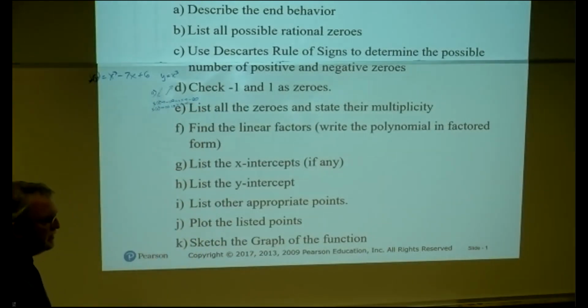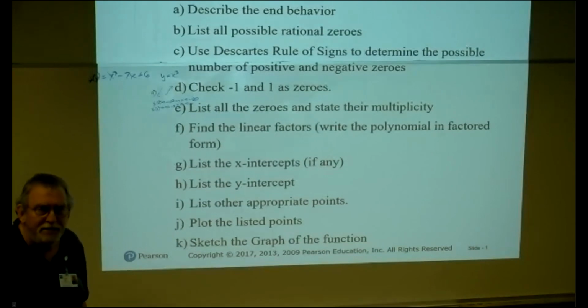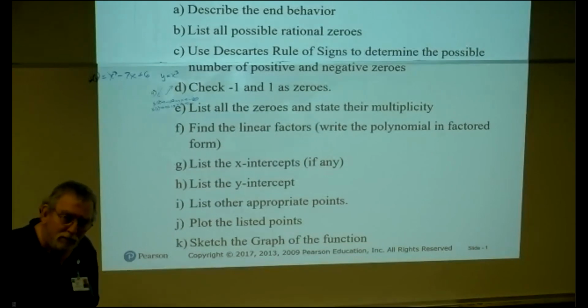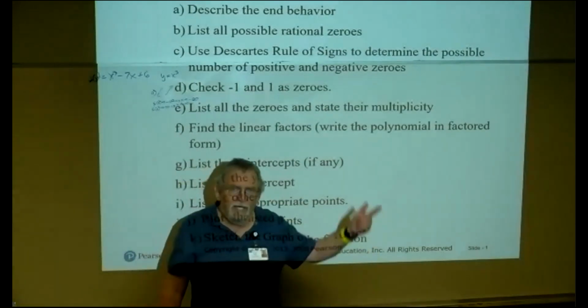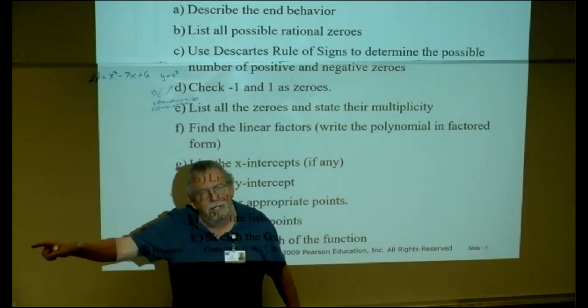So the direction x is headed, that's the same direction y is headed. Does that make sense? As x goes positive, y goes positive. As x goes negative, y goes negative.